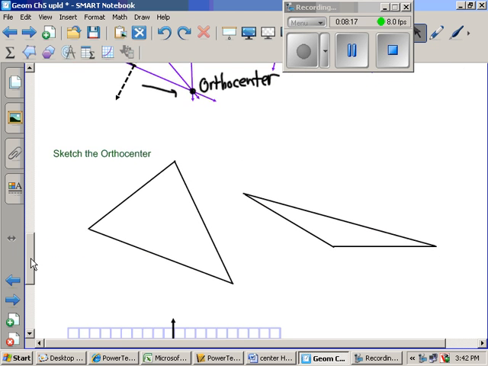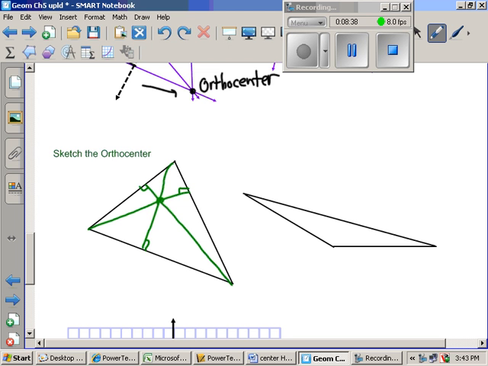Okay, if I just were going to sketch the orthocenter, I would draw a perpendicular line straight down this way, a perpendicular line there, and a perpendicular line there. And that point there would be my orthocenter.